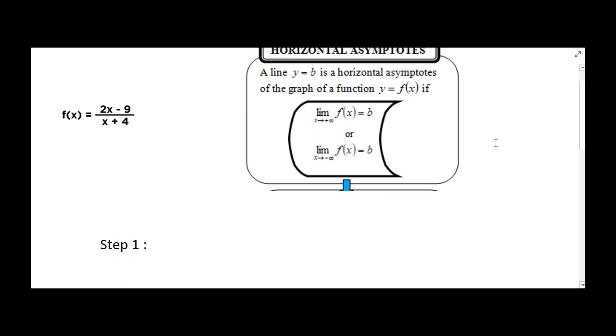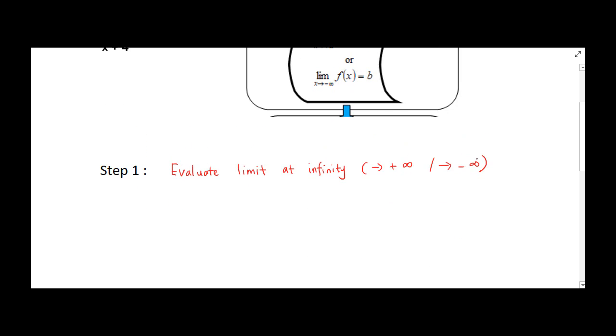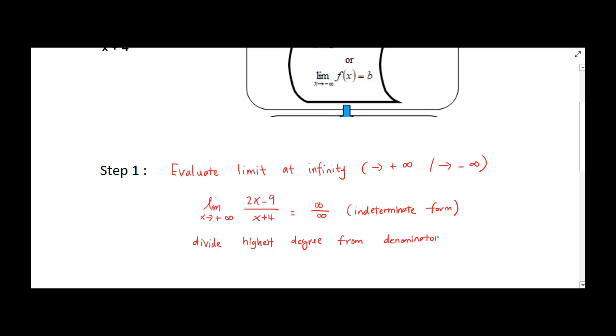So how about the horizontal asymptote? We will evaluate the limit at infinity. The domain is all real numbers except where the denominator is zero, so we have two sides. First, we found that when x approaches positive infinity, we get an indeterminate form. So as usual, recalling the previous lesson, we need to divide by the highest degree in the denominator.